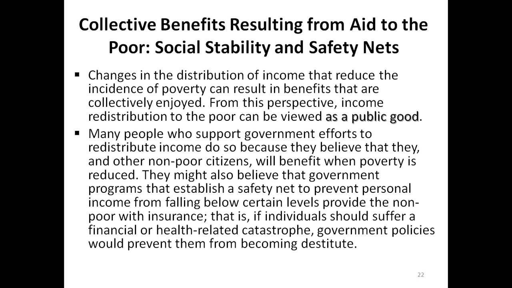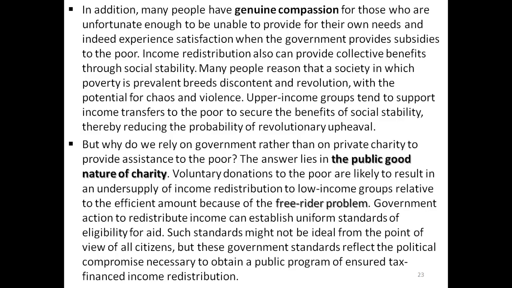They might also believe that government programs that establish safety nets to prevent personal income from falling below a certain level provide the non-poor with insurance. That is, if an individual should suffer a financial or health-related catastrophe, government policy would prevent them from becoming destitute.